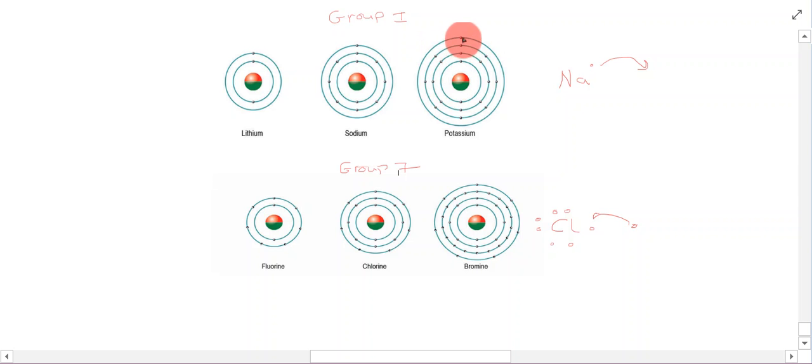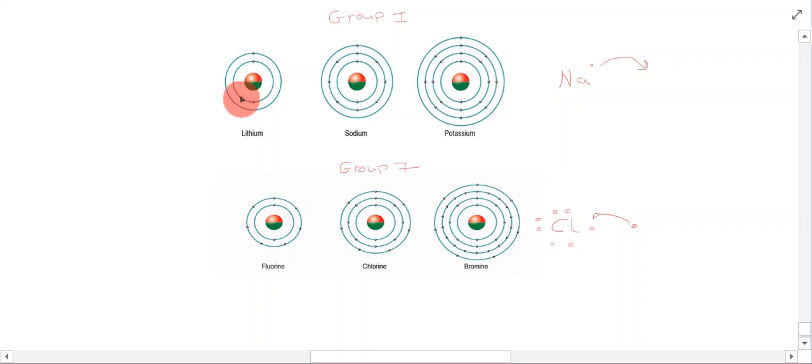So it's much easier to pull this outer electron off potassium, for example, than it is to pull it off lithium, because if you look at the distance, there's a lot more screening or blocking going on. The electrons are negatively charged, so they're dampening down the effect of the pull from the nucleus, and as a result this is more loosely bound, and it'll be pulled away.